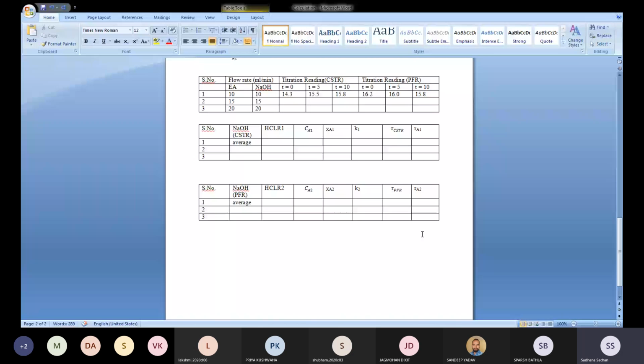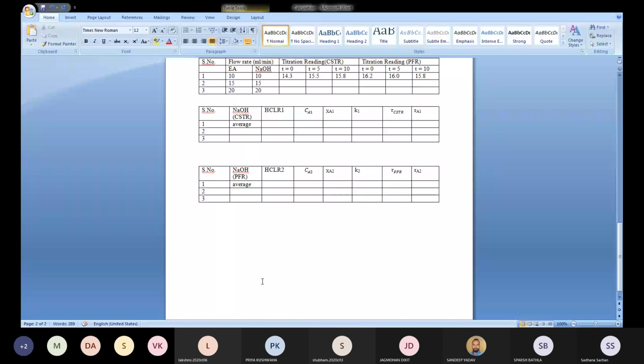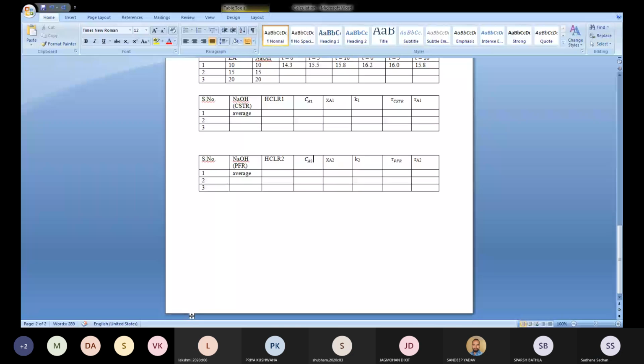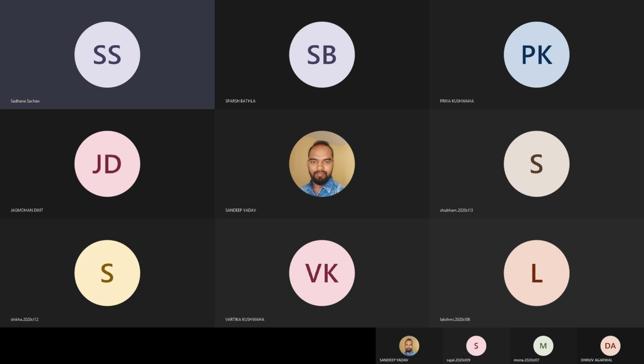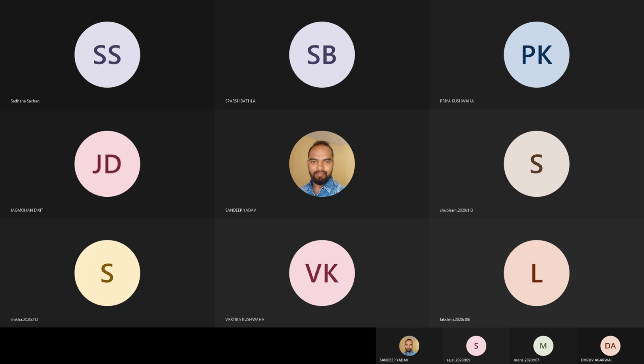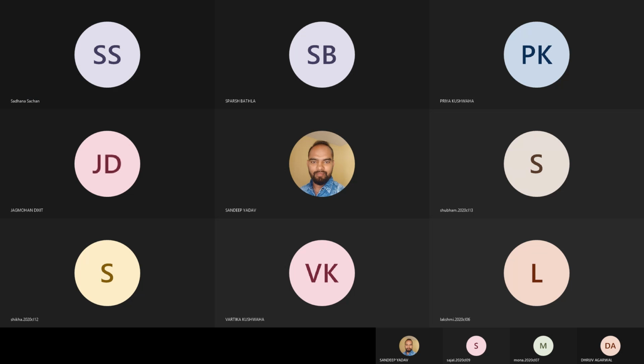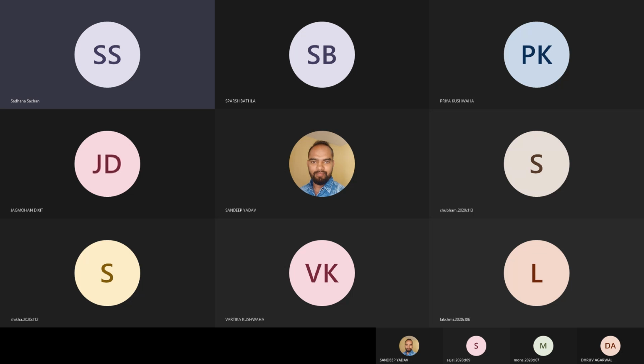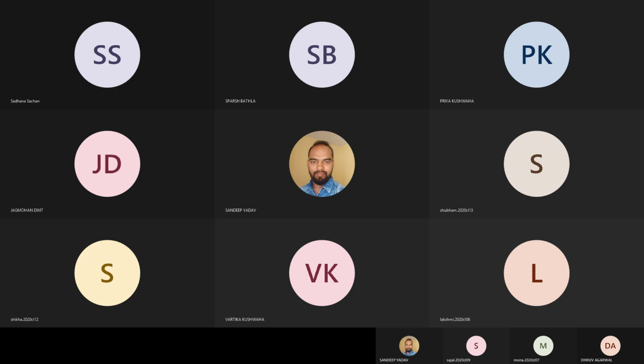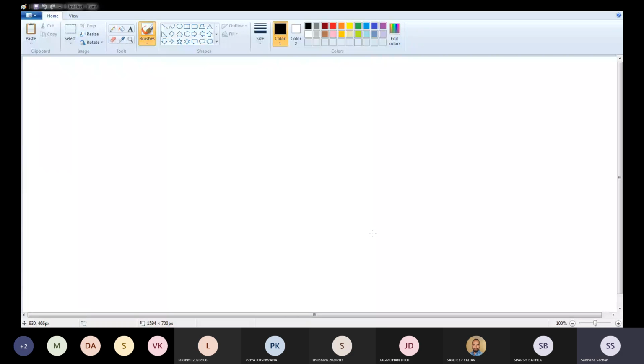So what is the kinetics of the PFR? In PFR, what will it be?